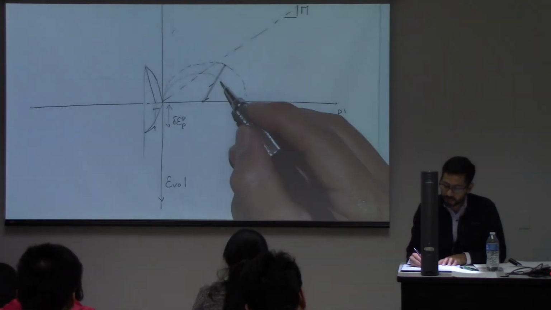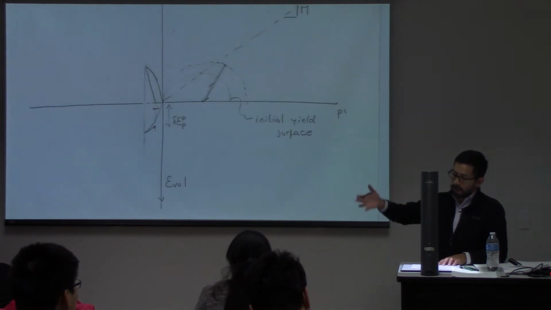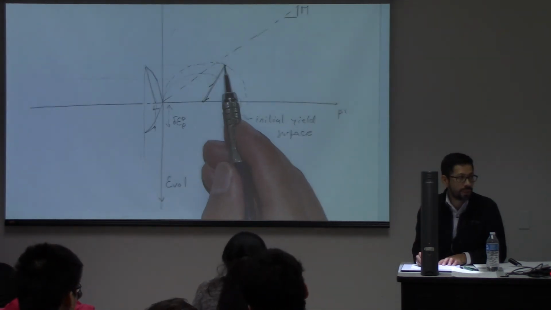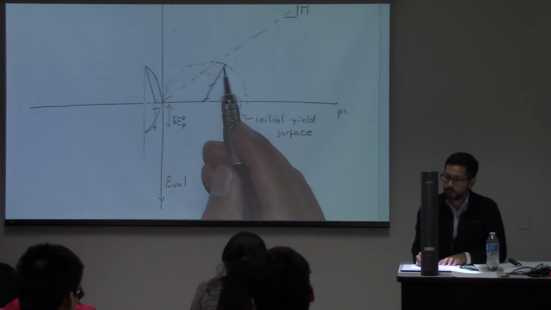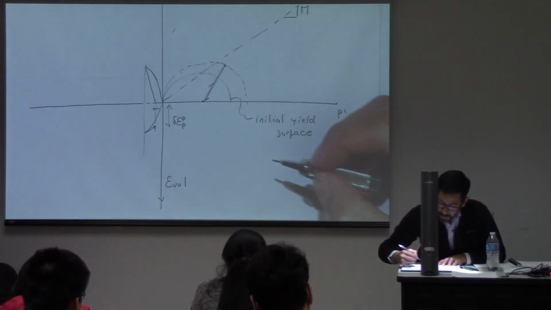And if you reload this material, in order to get again to the plastic deformation, now you have to go beyond that previous point. So that previous point, it looks like somewhere over here.